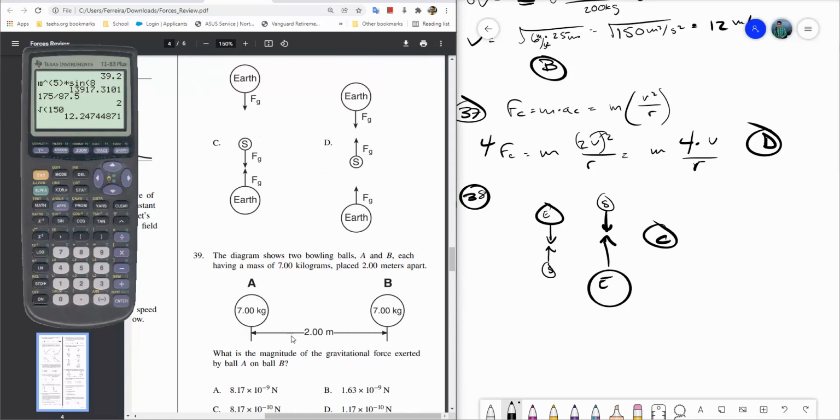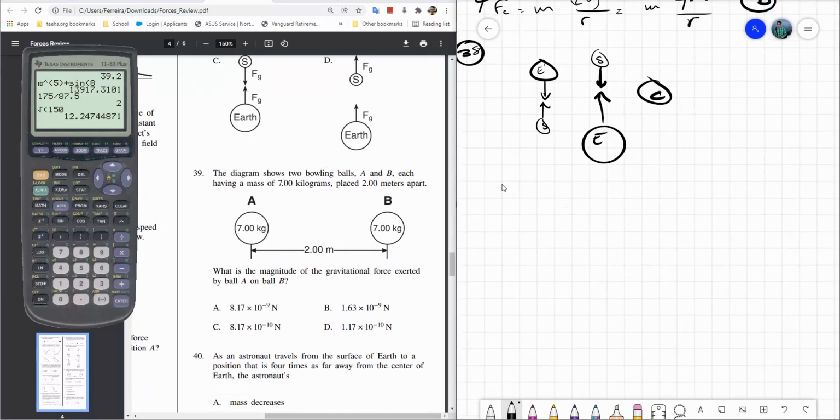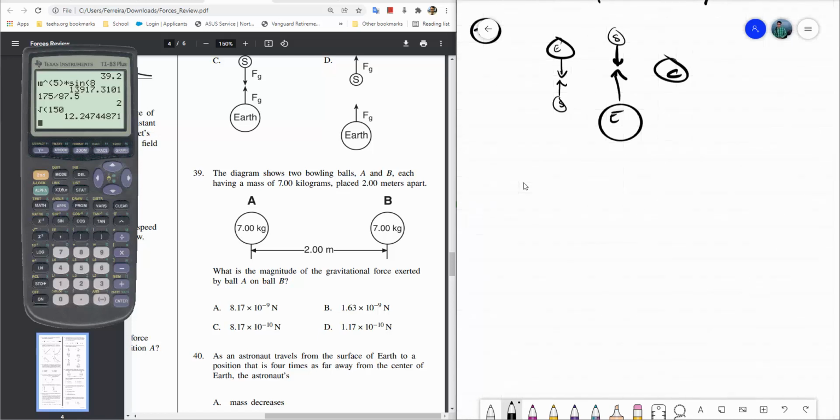39. The diagram shows 2 bowling balls, A and B, having a mass of 7 kilograms, placed 2 meters apart. What's the magnitude of the gravitational force exerted by ball A on ball B? So you're going to use the force of gravity equation with the universal gravitational constant times m1 times m2 over r squared.